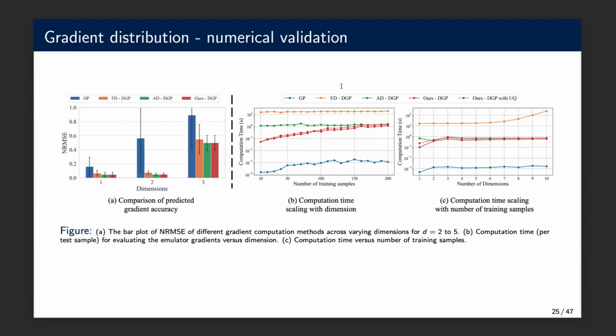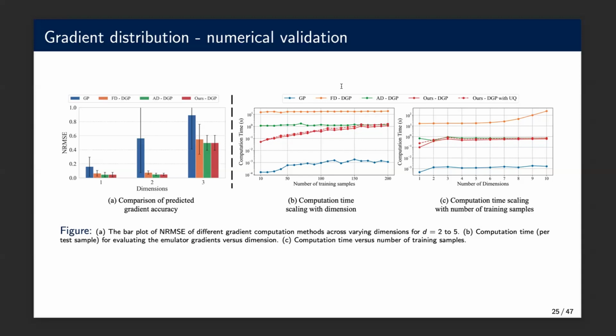Yeah, and the right curve shows our approaches: the solid curve without UQ and the dashed curve with UQ. It is still slower than the AD approach at a low number of samples, and ours scales exponentially with training samples, and we are thinking about how to handle this challenge in future work.